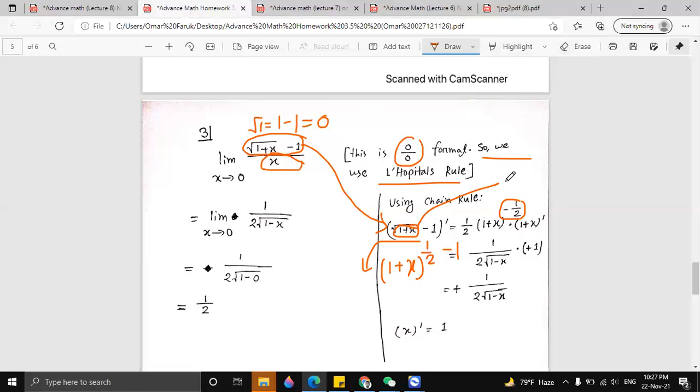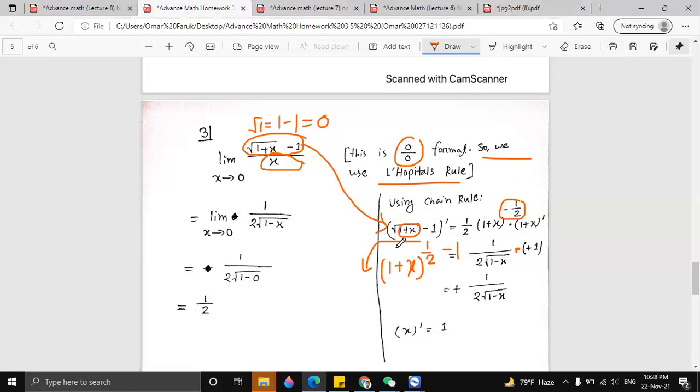So we have to think of this as u, okay? Here we cannot do it normally, so we have to use the chain rule. The chain rule is the derivative of the outside function multiplied by the derivative of the inside function. The inside function is 1 plus x.